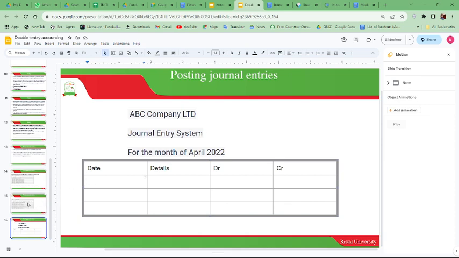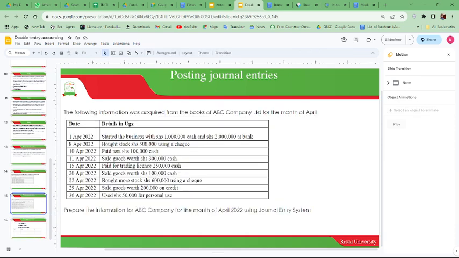So when we look at our example, they are saying started the business with 1 million cash and at bank. You start with identifying the accounts. Which accounts are here in these sentences? When you're given a sentence like this, you have to make sure you identify those accounts. When you start a business, what do you use to start up a business? You use capital.